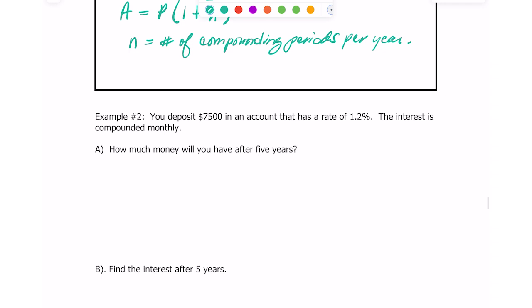Okay, so you deposit $7,500 in an account that has a rate of 1.2%. The interest is compounded monthly. Let's say you want to figure out how much you're going to have after 5 years.